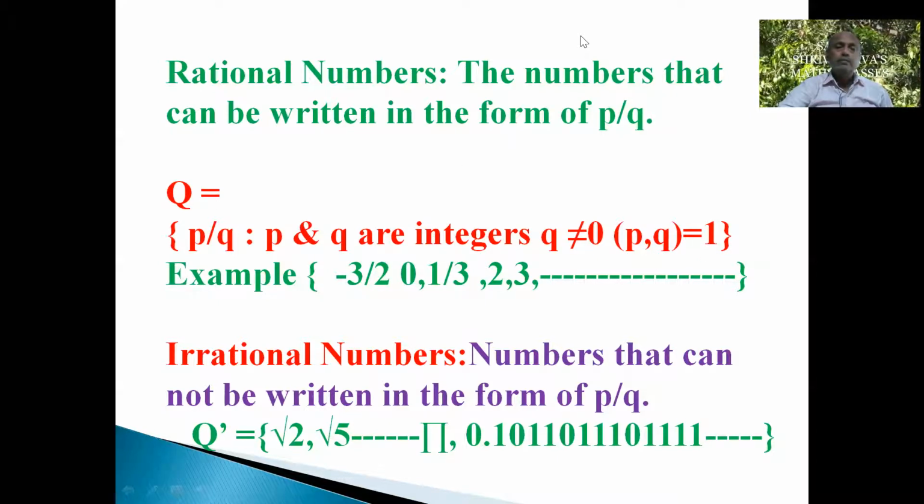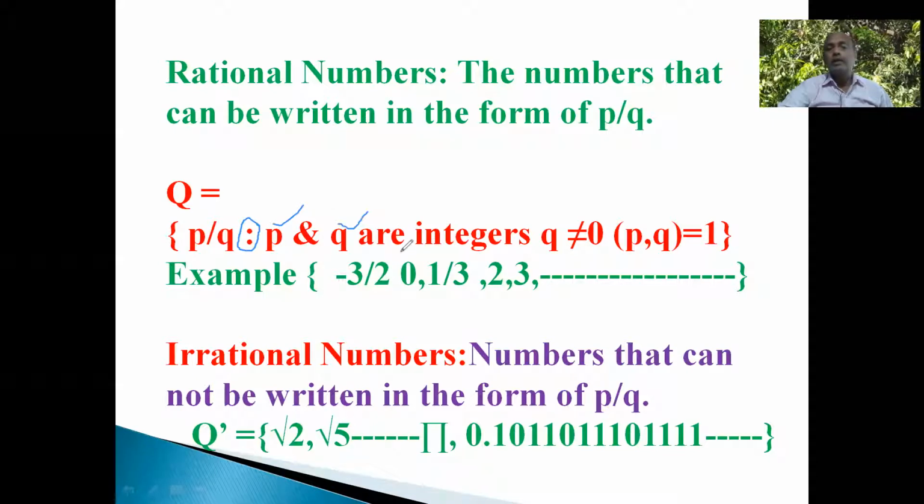Here you can see this symbol. This is the symbol for 'such that'. You can read it: p upon q such that p, that is numerator, and q, that is denominator, are integers and q cannot be 0, means denominator can never be 0.